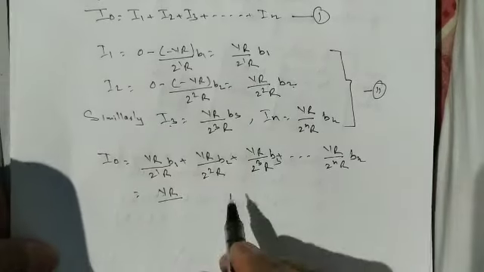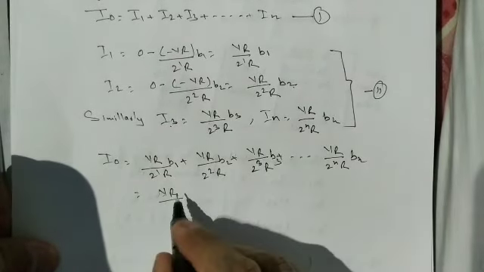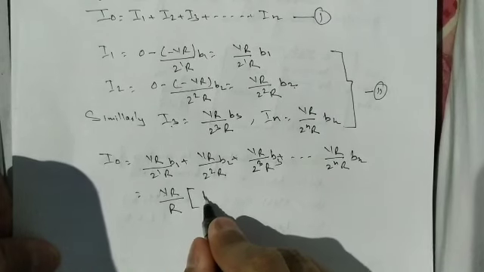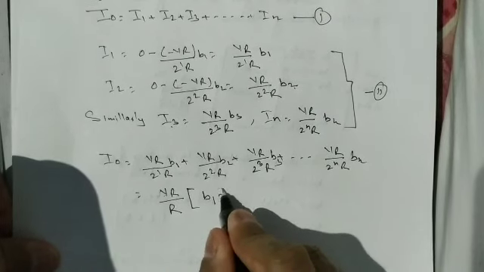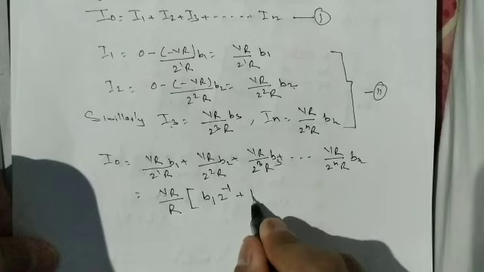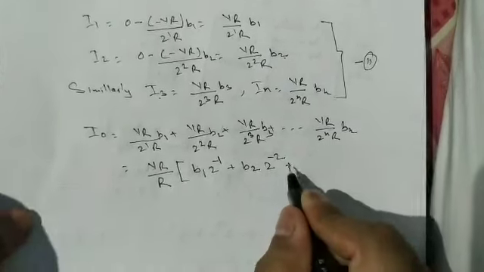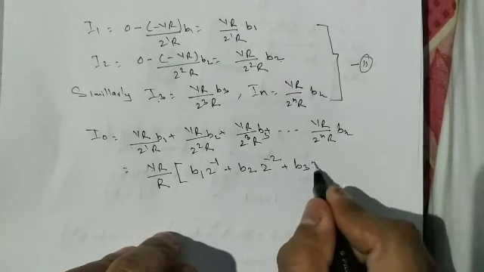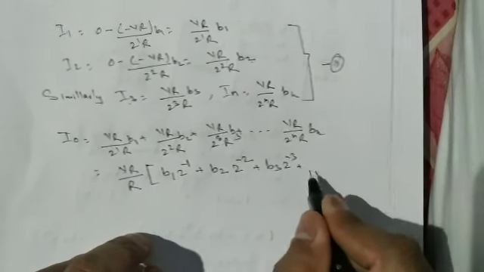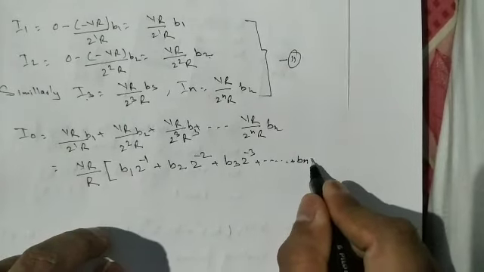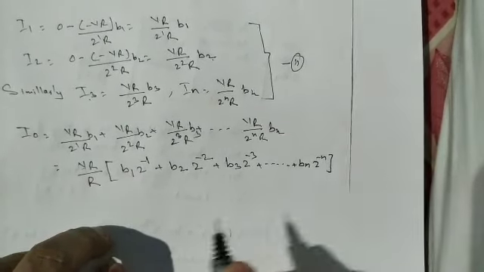Now I will take common VR by R. So what I will get: B1 2 to the power minus 1 plus B2 2 to the power minus 2 plus B3 2 to the power minus 3 plus dot dot dot Bn 2 to the power minus n.